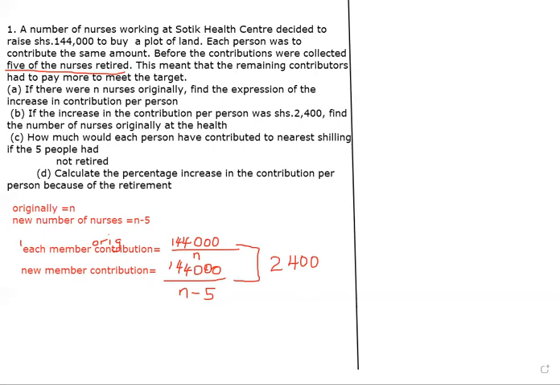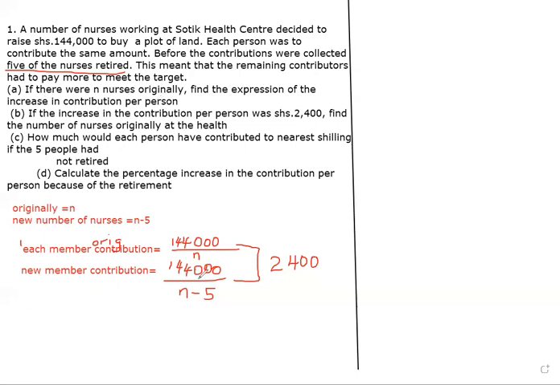So we'll look at the questions one by one. What is the first question? What is the second question? First question was, if there were n nurses originally, find the expression for the increase in contribution per person.